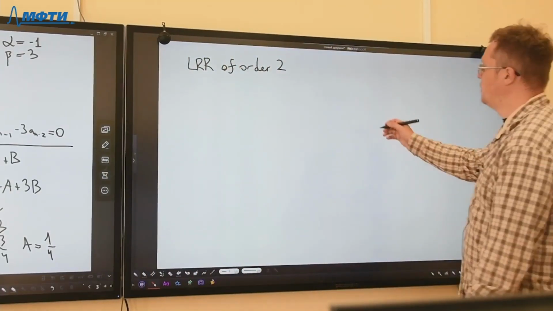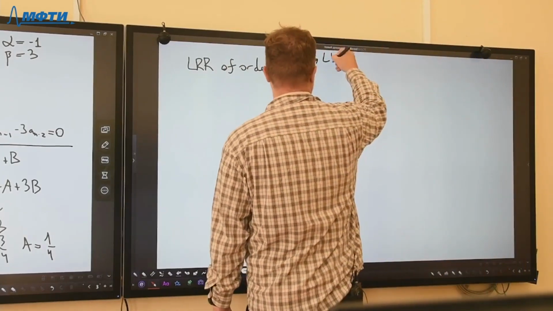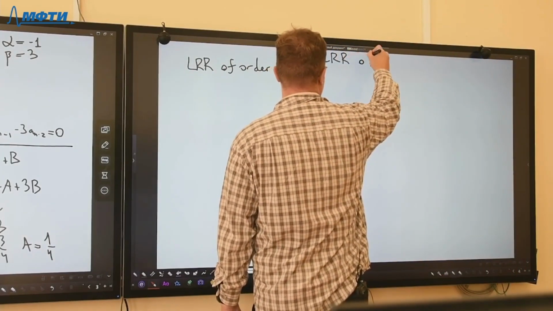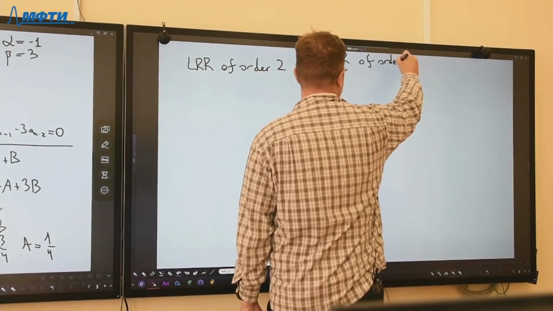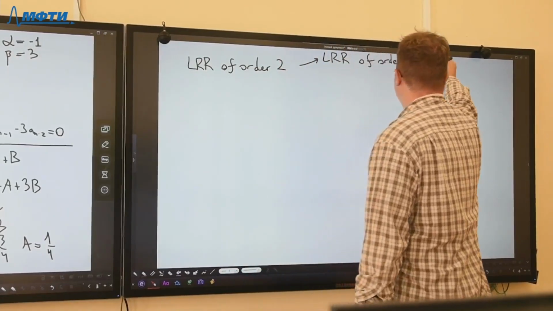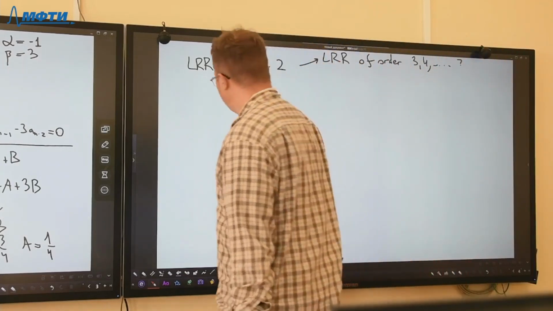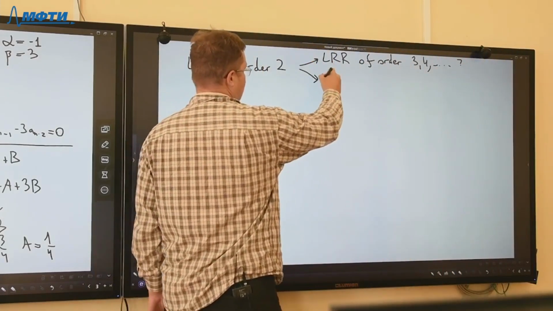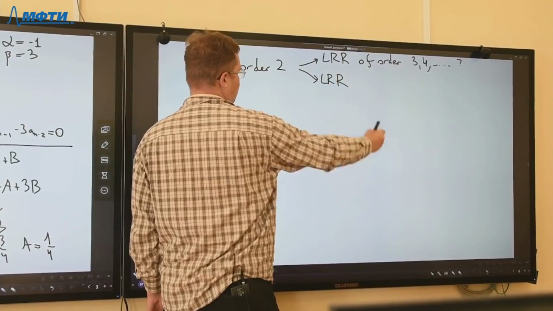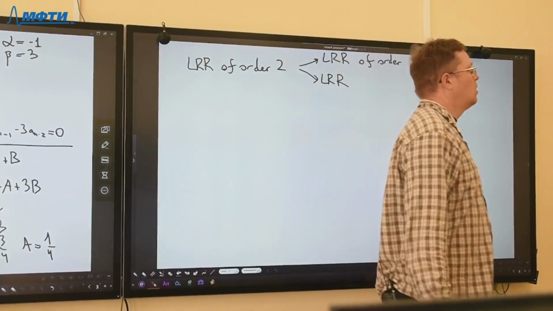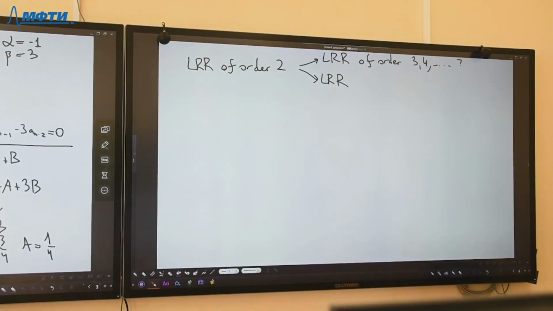First of all, what if we have linear recurrences of order 3, 4, etc.? Can we find the explicit formula for these? Second one is, what if we have so-called non-homogeneous linear recurrences?